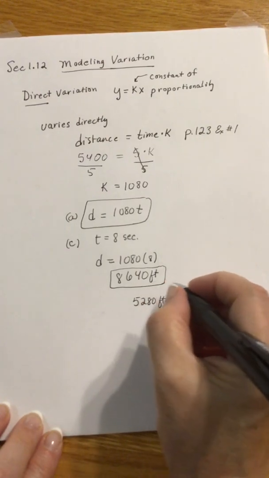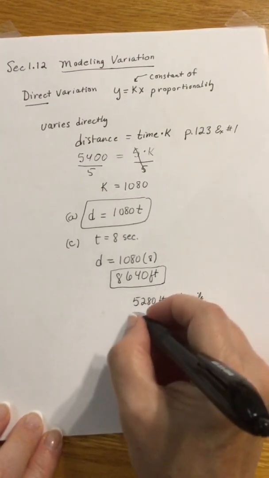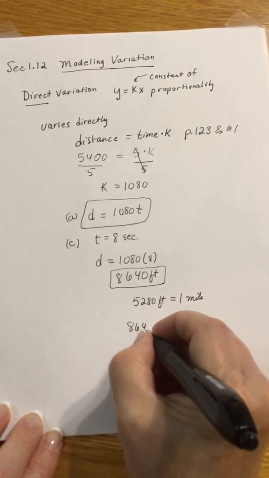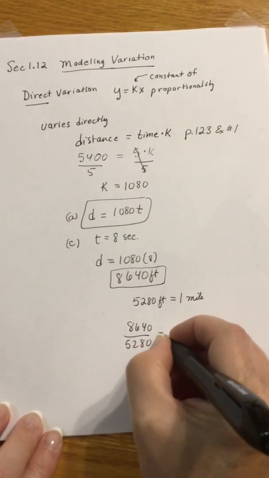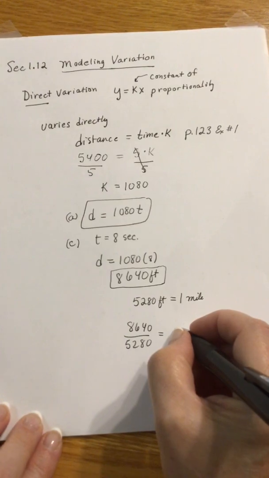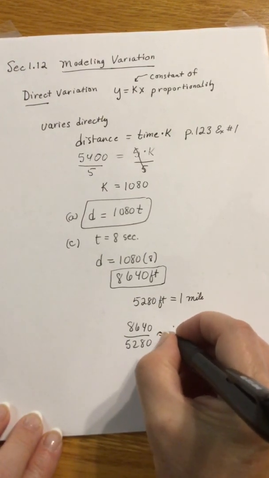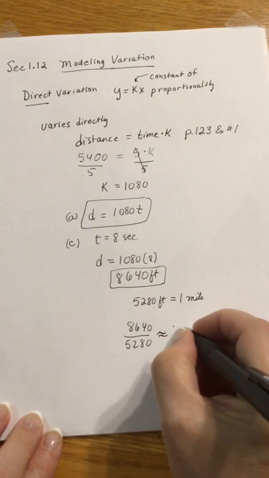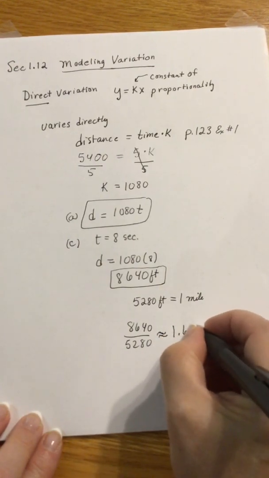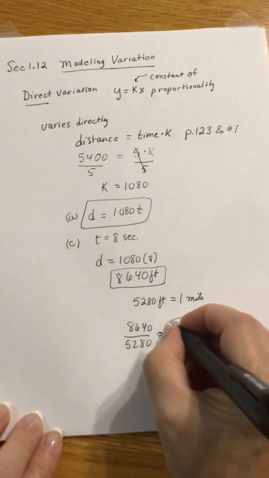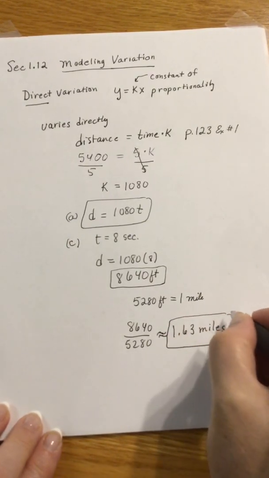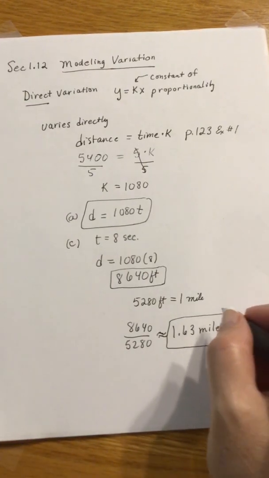So to find it in miles, we're going to take 8,640 and divide by 5,280. And that's going to tell us how many miles. So if we rounded to the hundredths place, we would get approximately 1.63 miles. So direct variation is straight across.